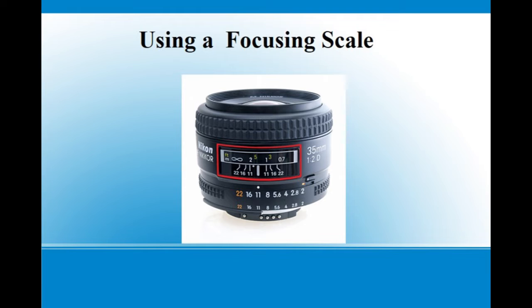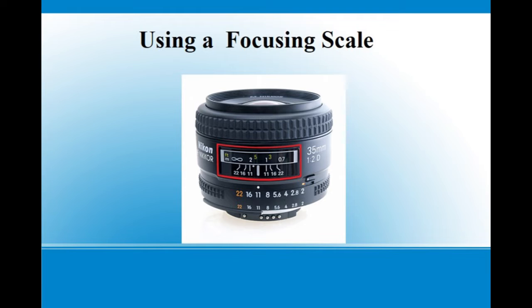In this case, it's across from 22. So if you look at 22 on the left side and then f22 on the right side, that'll tell you what your whole distance is. From about 0.7 meters to infinity will be in focus with the lens focused at that spot.